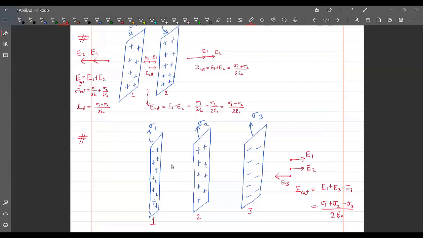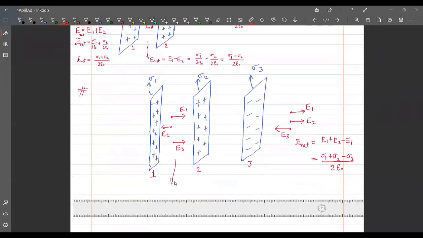Okay, let us say you want to find electric field in this region. So electric field due to 1 is towards the right. Electric field due to 2 will be towards the left. And electric field due to 3 will be again towards the right.